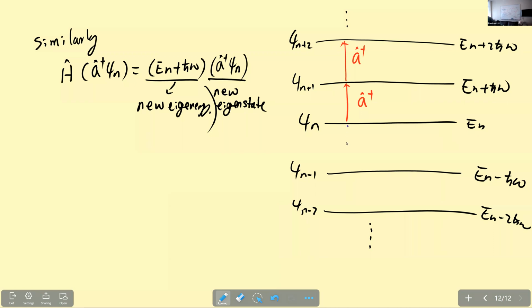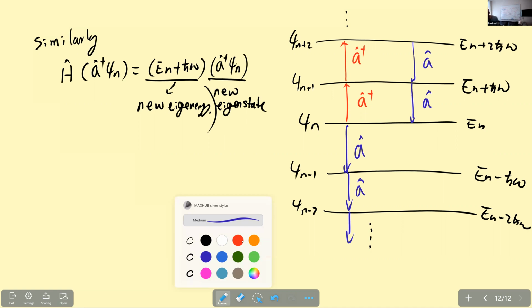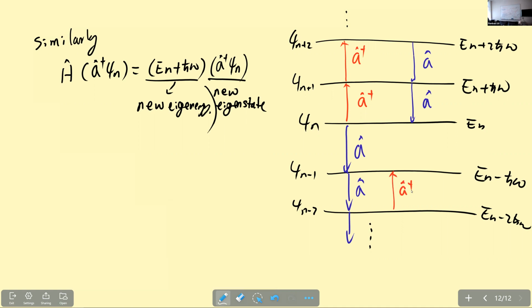So this one just goes down by a, and then you can continue this. But you can also go down from here, right? This is also a. This is also a. And similarly, you can also go up from here, a† and a†. You can continue this.